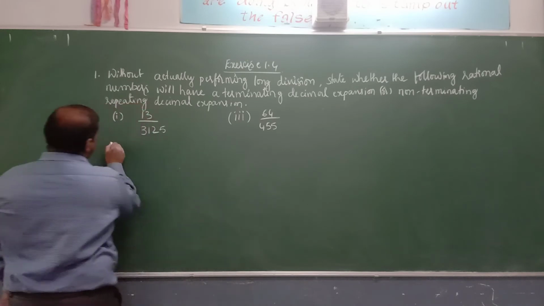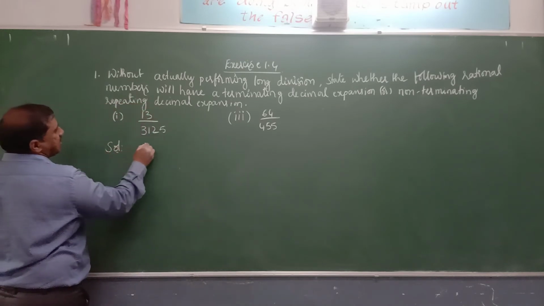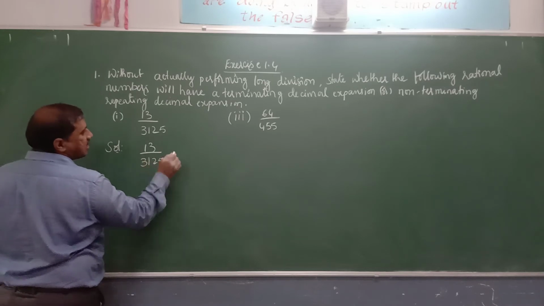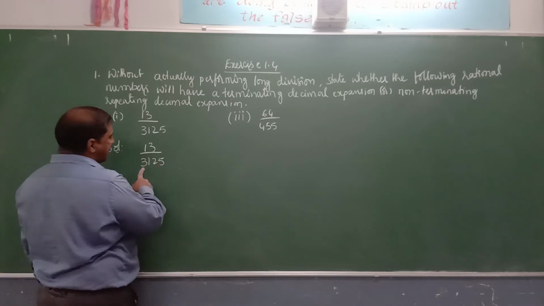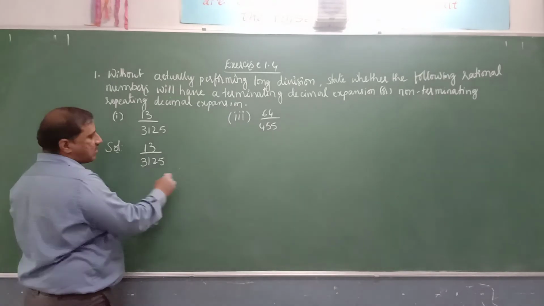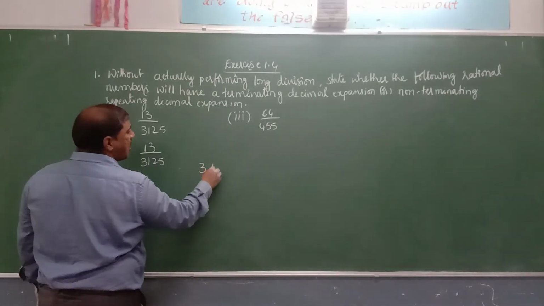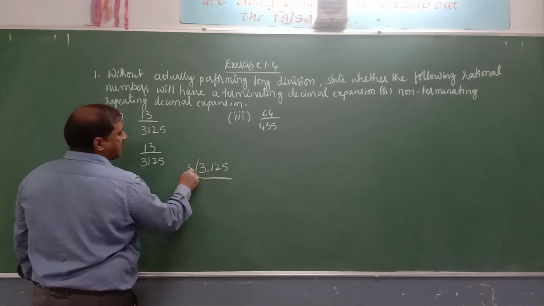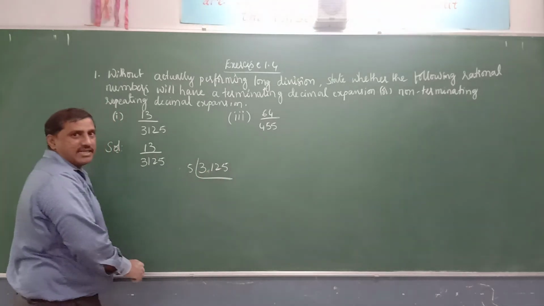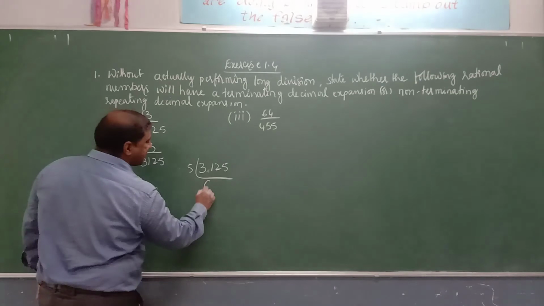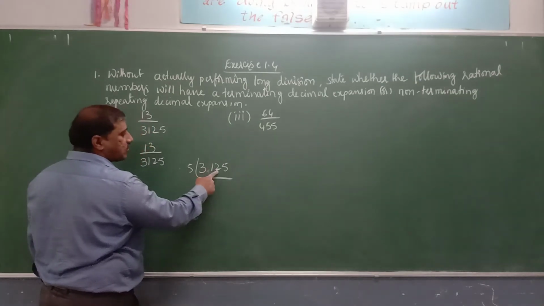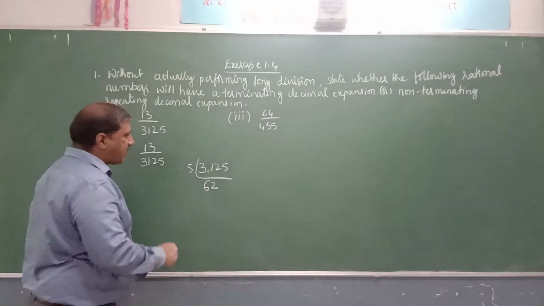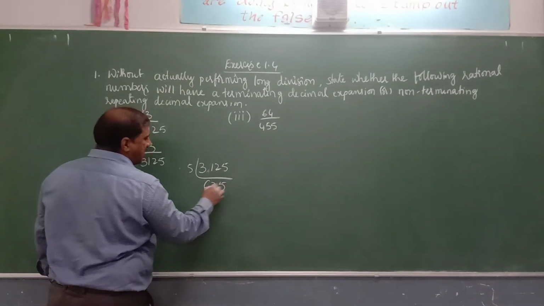We will check out the first sum here, that is 13 divided by 3125. So first find the prime factorization of 3125. The 5 is there in the units place, therefore it is divisible by 5. 5 sixes are 30, 1 with the 2 is 12, 5 twos are 10, 12 minus 10 is 2, bring down 5, 25, 5 fives are 25.